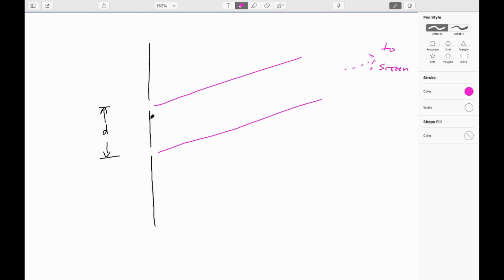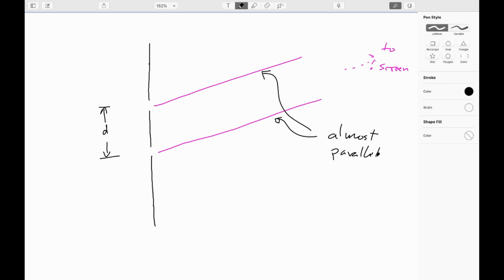So the trick that we can do then is to say that these two rays heading off to the screen, which will eventually intersect, for figuring it out, we can say that these are almost parallel. And this is just because the screen is so far away compared to the two slits.